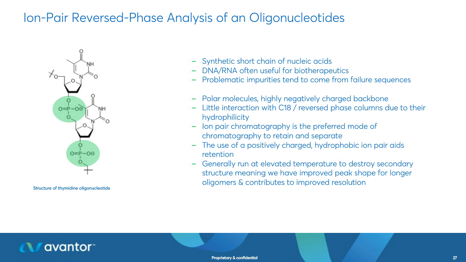So to get good retention and good separation, because we make these and we want a certain length of oligonucleotide, but a lot of the failure sequences will be only one nucleotide different, one base different in length, and therefore we need a good way to separate those out chromatographically. So ion pair has proved really good at doing this.